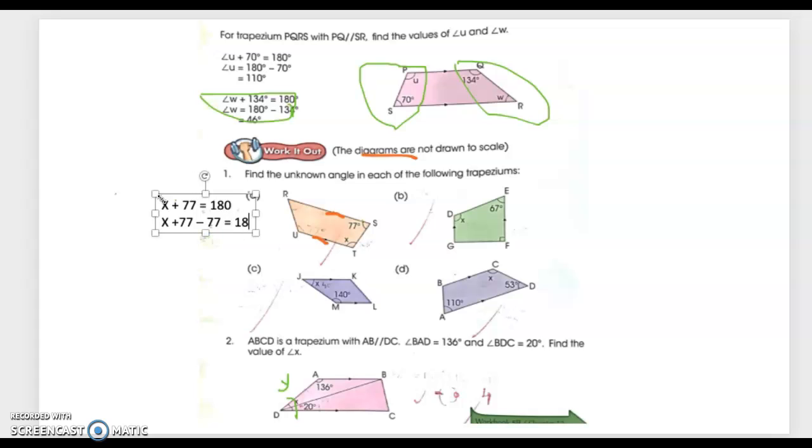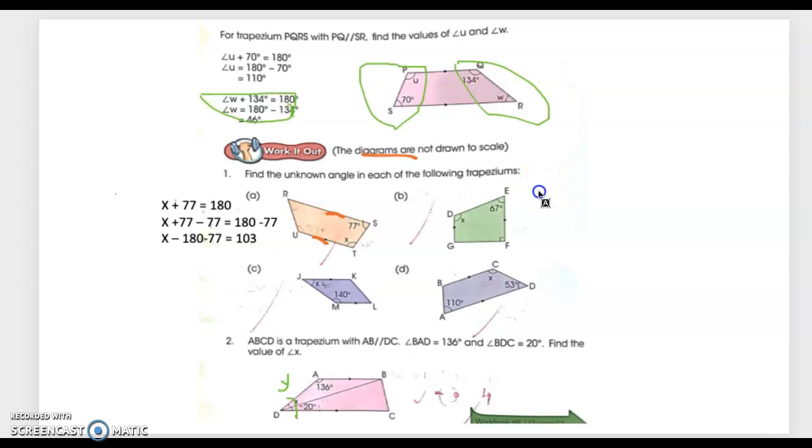It is equal to 180 minus 77, because I am subtracting 77 from this side, I have to subtract 77 from the other side as well, so it will remain with x is equal to 180 minus 77. How much is that? That will be equal to 103, right? Now that answer for x is 103.